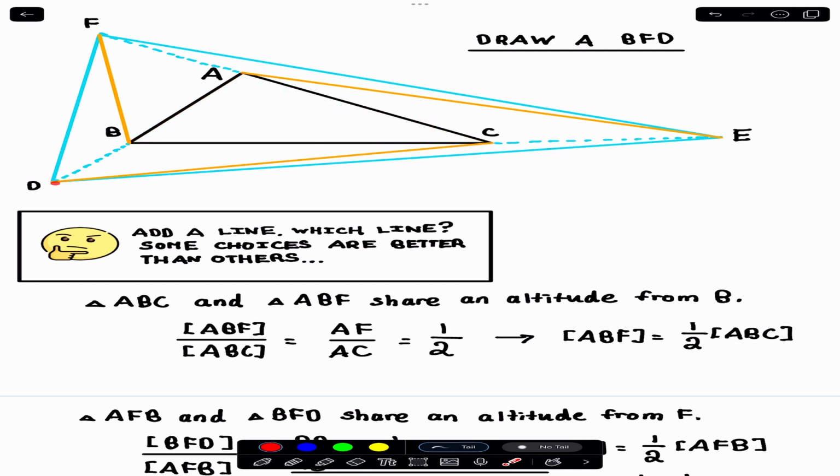Then I want you to relate this weird triangle CDE to triangle BDC. So once you relate this triangle to this triangle, and you relate this triangle to this triangle, then you can relate all three triangles with each other.